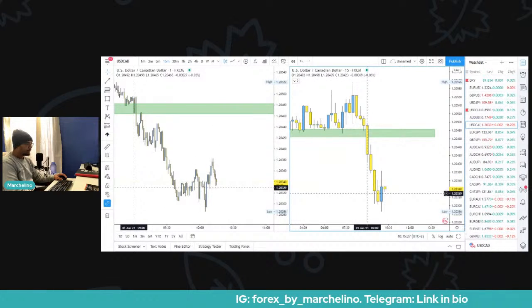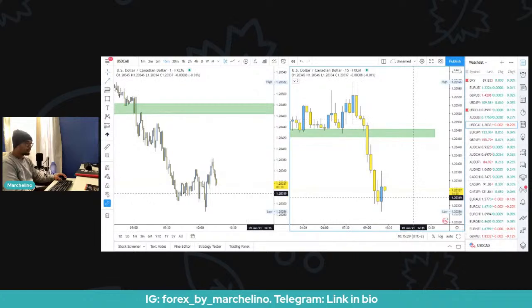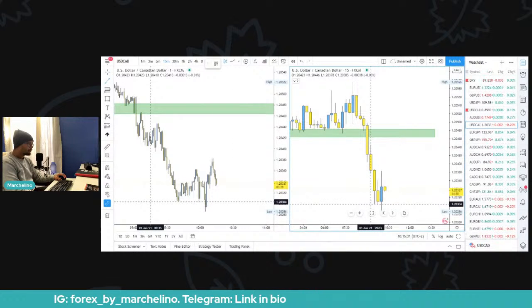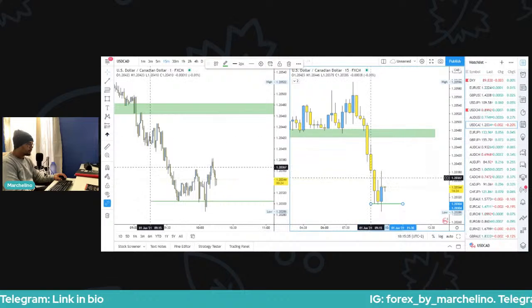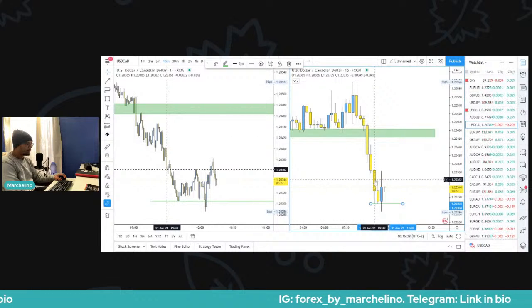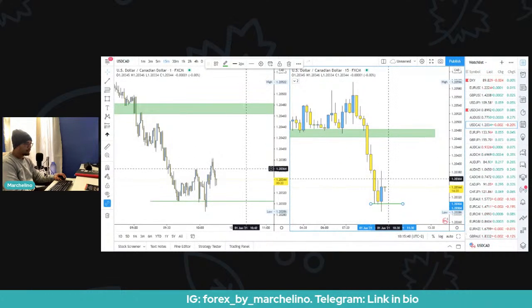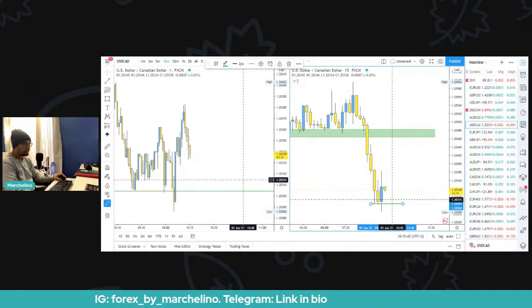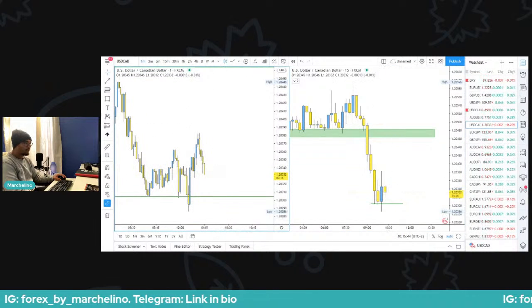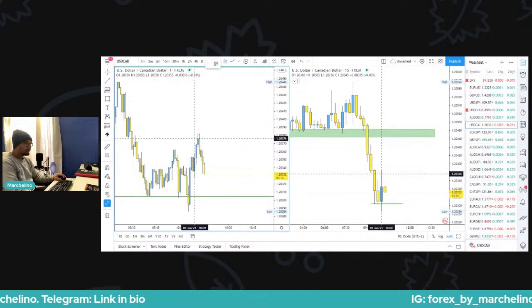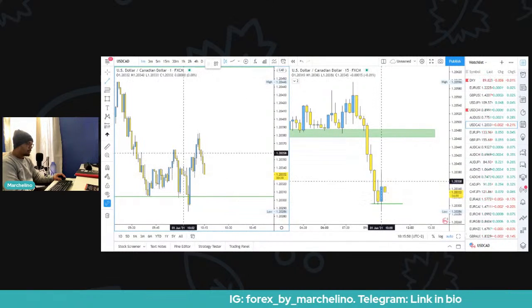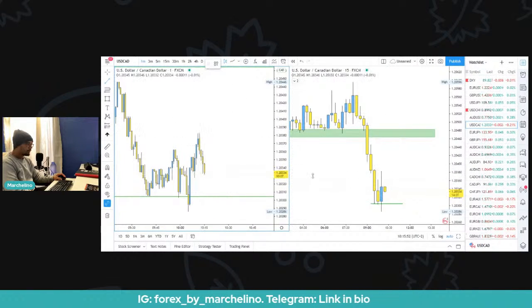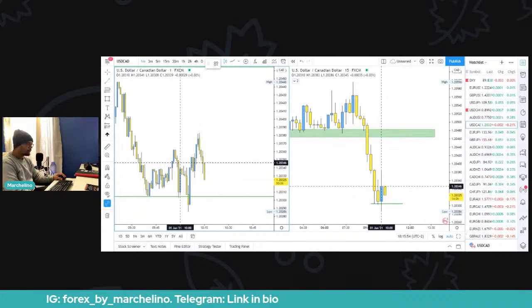But I do think you can expect, so, yeah, you can see that for 45 minutes we failed to break. And then we broke structure on the 1M. So what you can expect is for price to probably continue higher, okay? More likely than not, just continue higher. Where is this thing? I want to see where this thing closes.